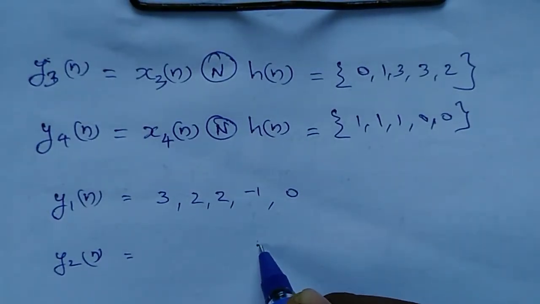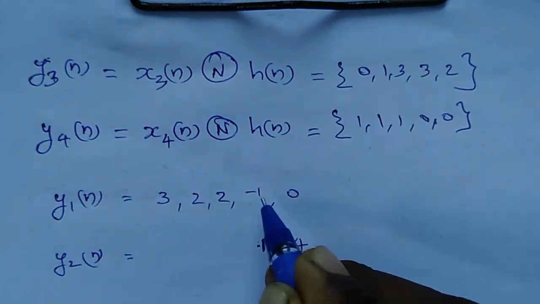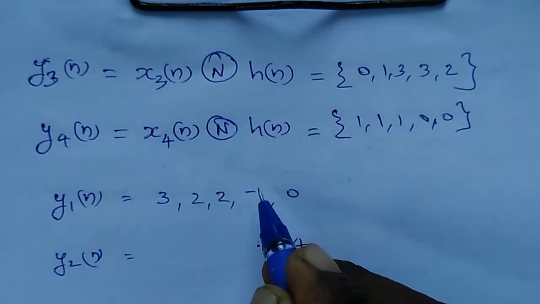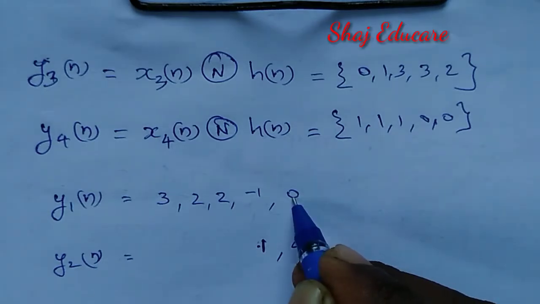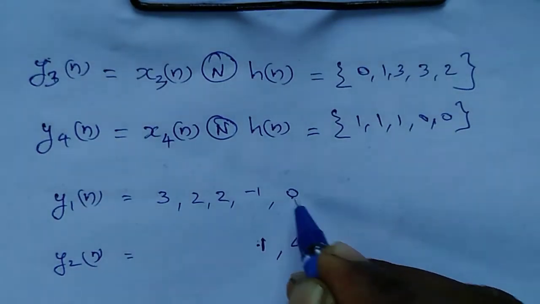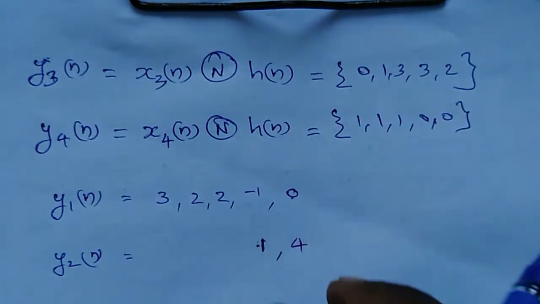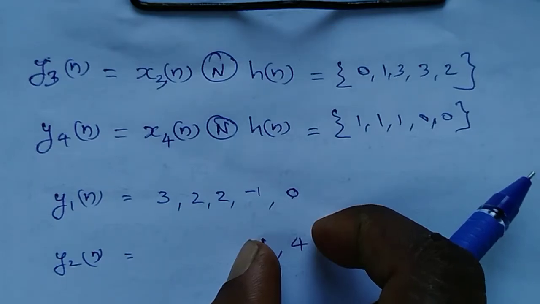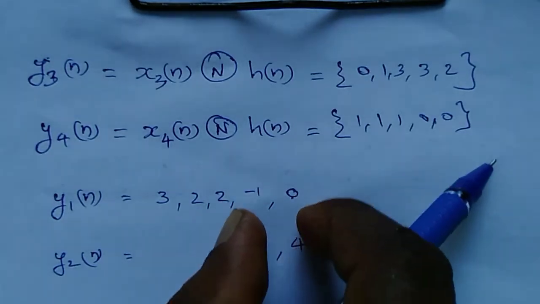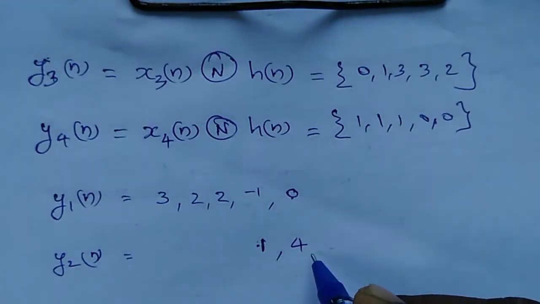The minus 1 should come under minus 1, and 4 should come under 0, meaning m minus 1, two elements. The last m minus 1 elements are to be added together. That's why I have written it over here.